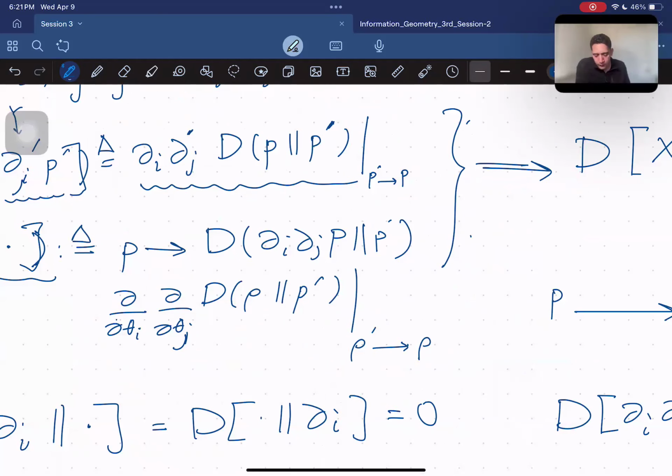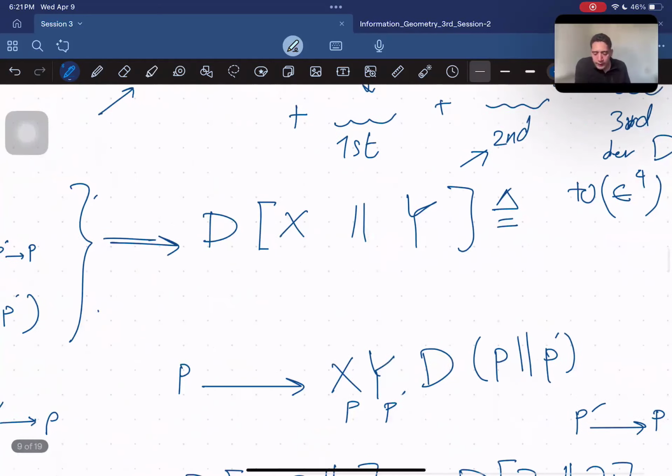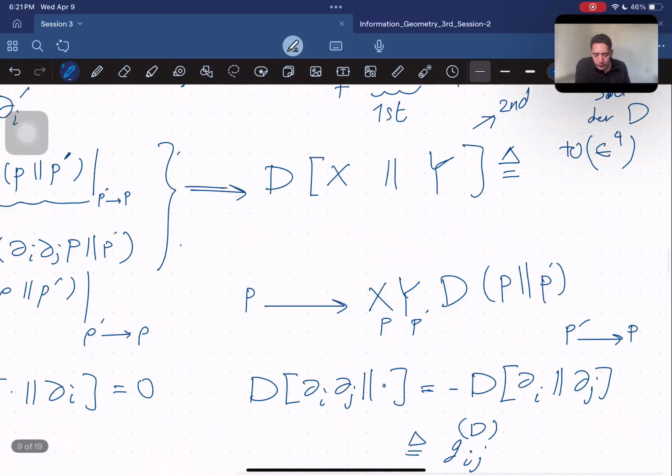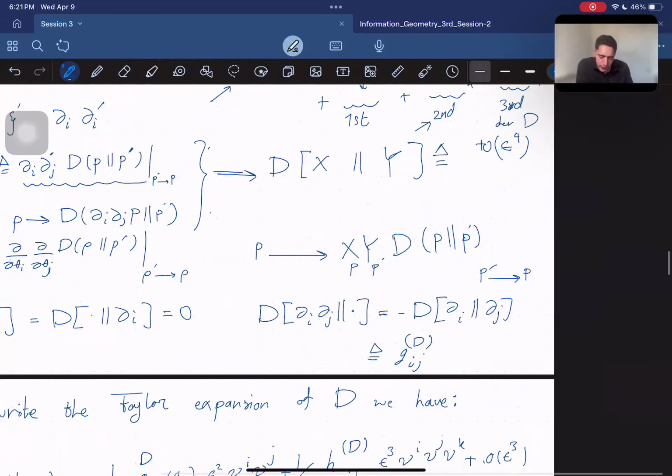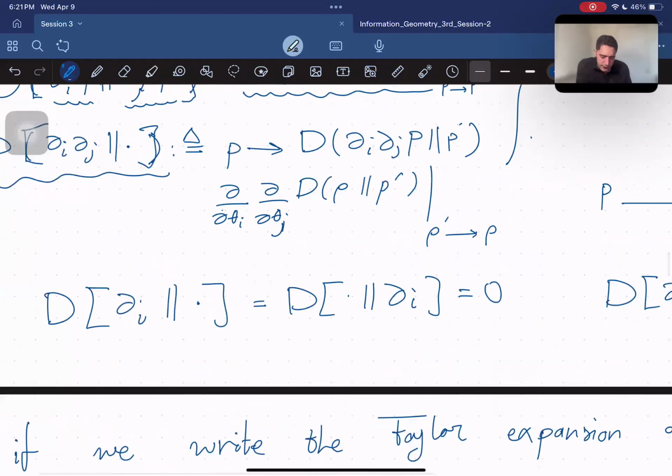So now, if you take a look at this thing, the divergence operator we defined here, when I have only one vector field, it would be zero. Why?